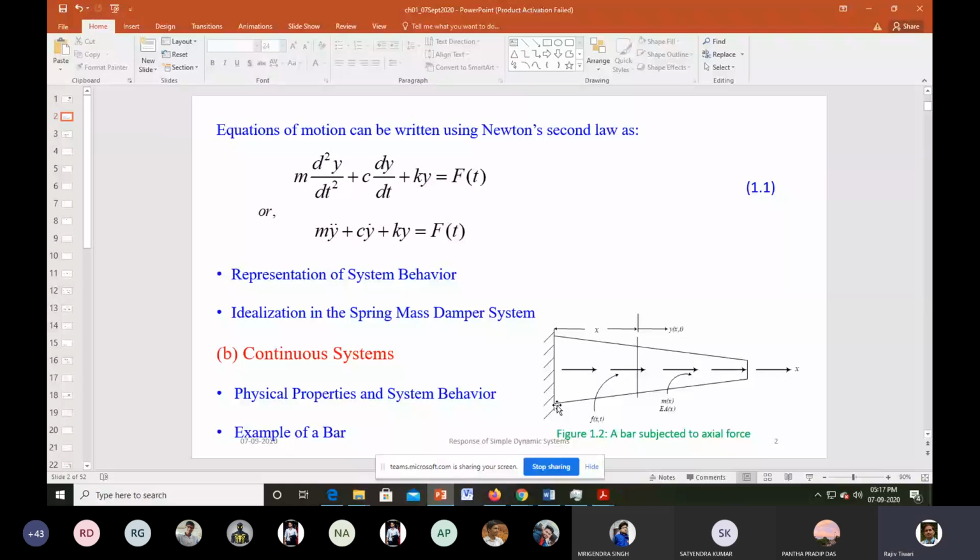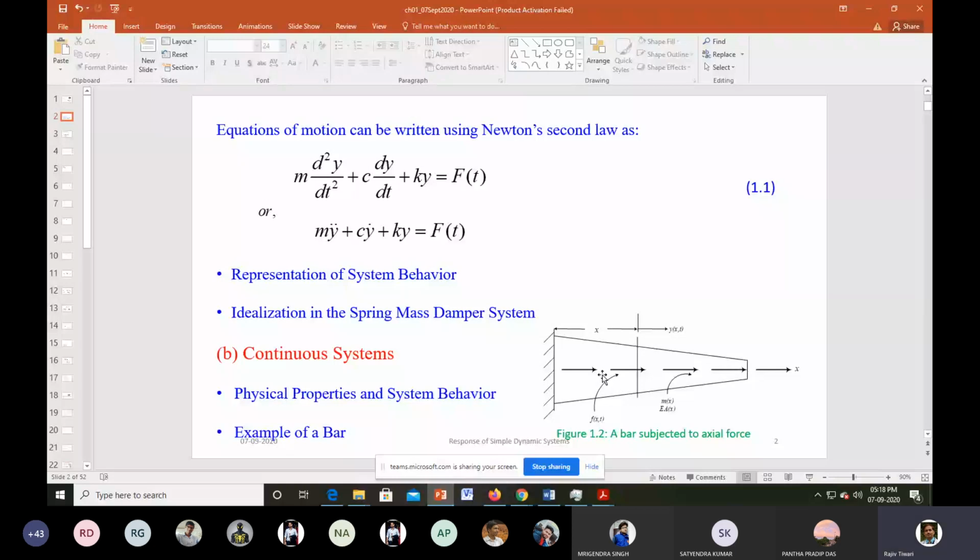Now, you cannot see any component within this particular body. It is a solid body, but it has flexibility in the axial direction. Because the geometry varies, the mass also changes continuously along the x direction.